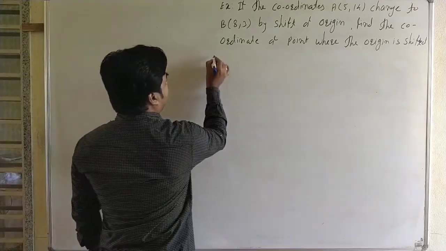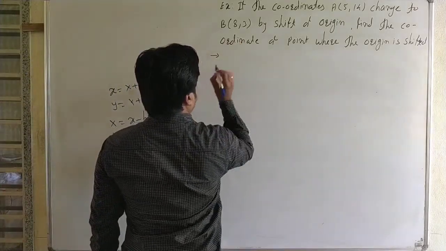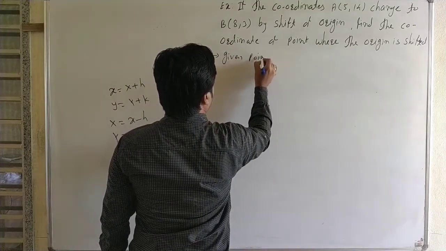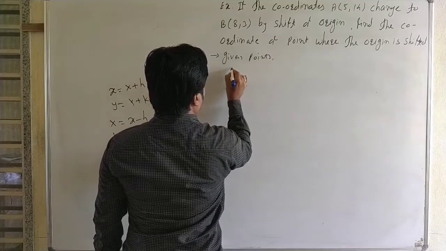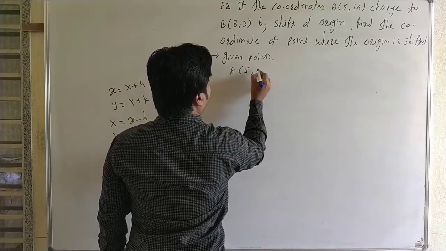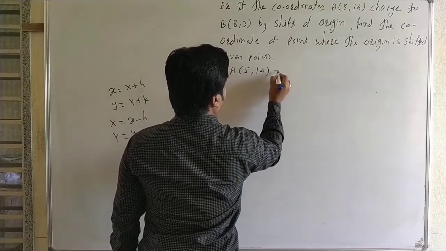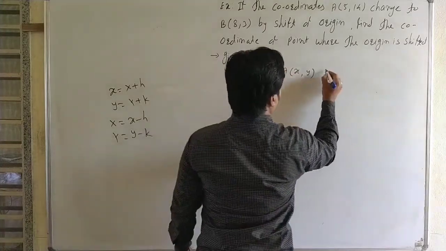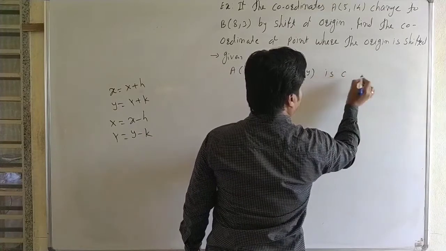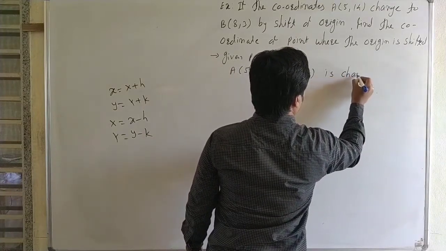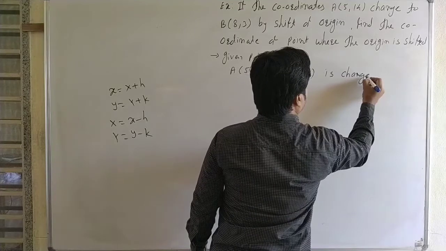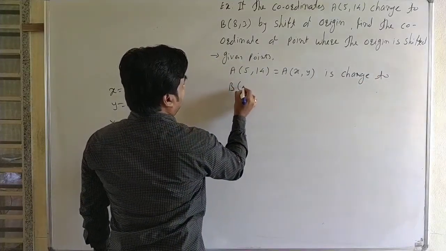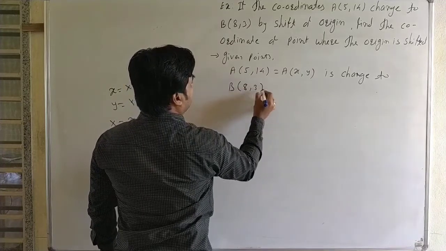Now here the given point A(5, 14) is the small x, y, the old coordinates, and it changes to B(8, 3), the new coordinates.